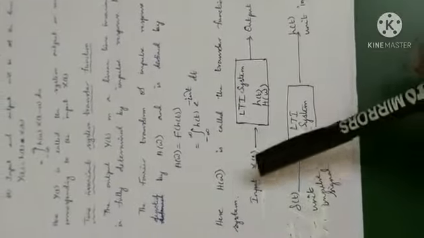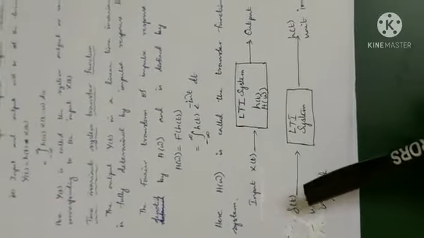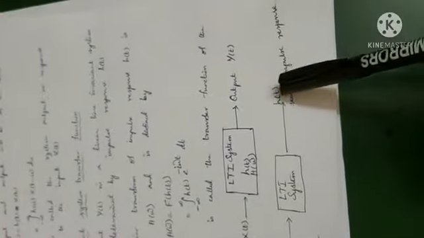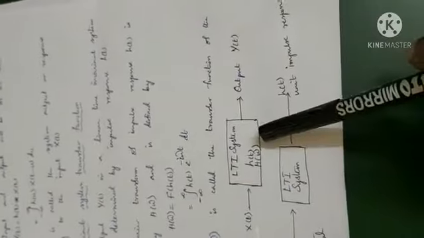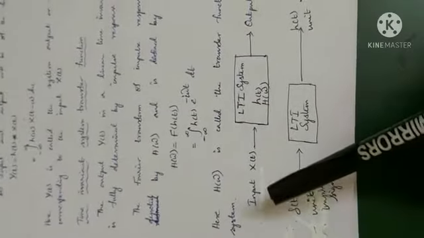So y of t equals h of t if x of t is the unit impulse signal. Y of t equals h of t when the input is chosen as the unit impulse signal.